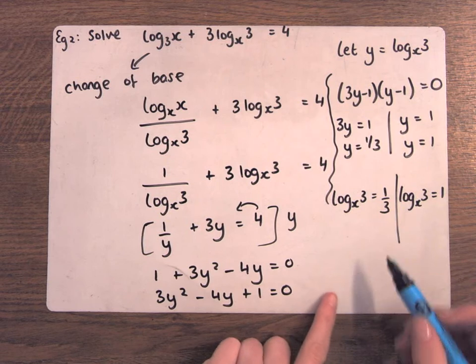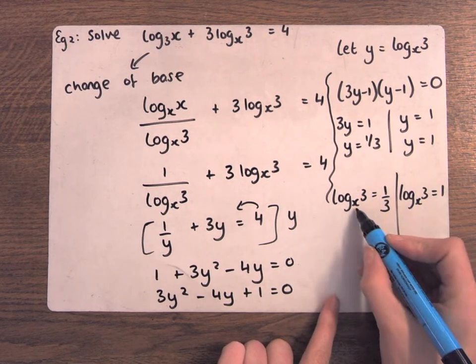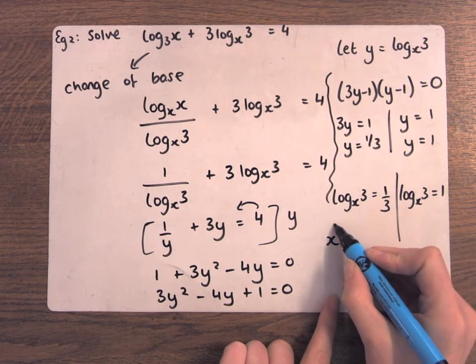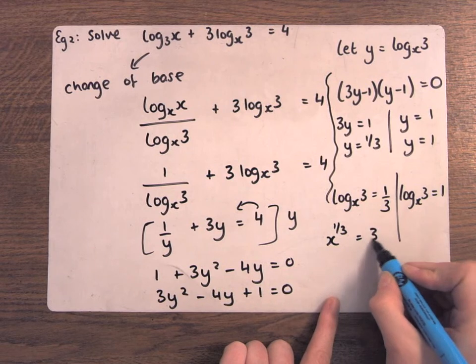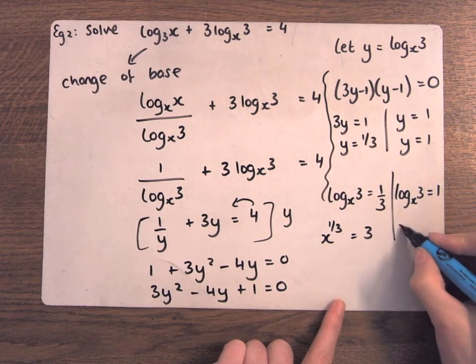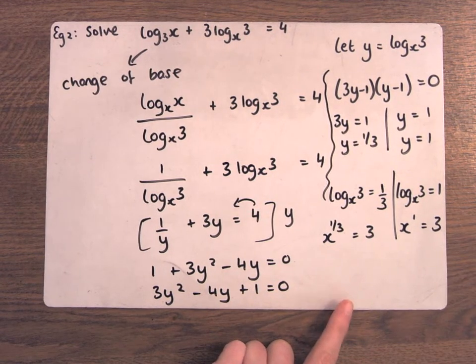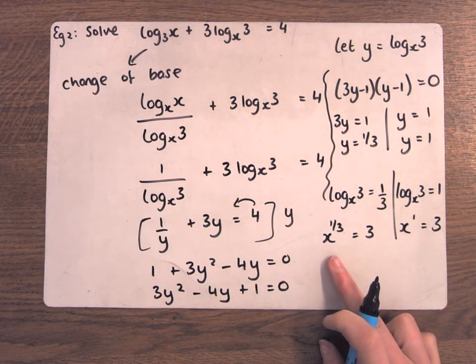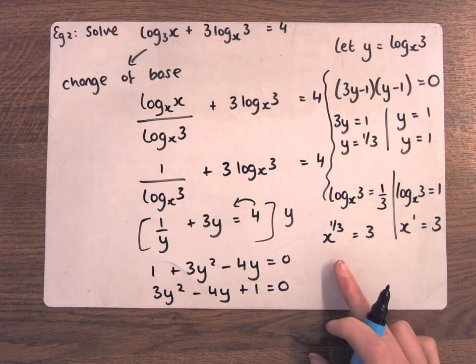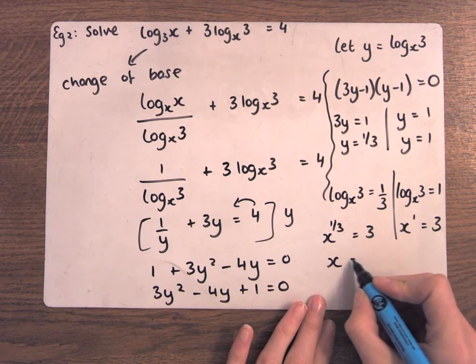So from here, we need to go back to index form. x to the power of a third is 3. And x to the power of 1 is 3. Now, x to the power of a third is the cubed root of x, isn't it? So how would I get what x is?